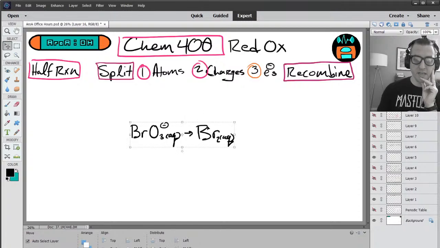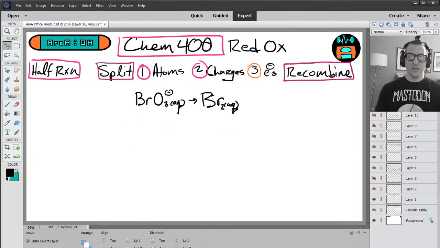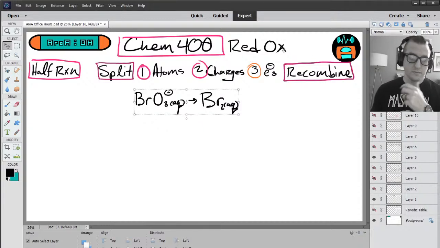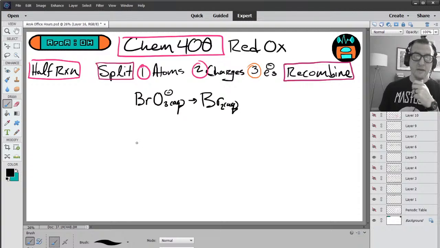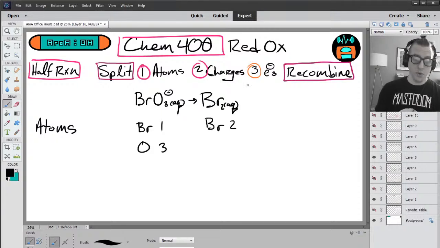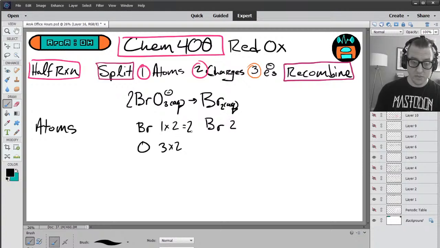I'm going to move this to the top of our page. Step number 1, we got to balance our atoms, right? On our reactant side, we have bromine and oxygen, 1 bromine, 3 oxygen. On the product side, at this moment, we only have 2 bromine. So we got to multiply bromate by 2 so that we have 2 bromine on both sides of this reaction.